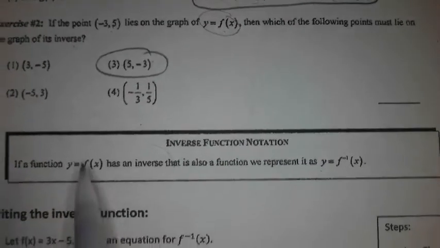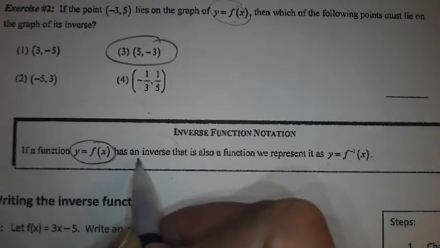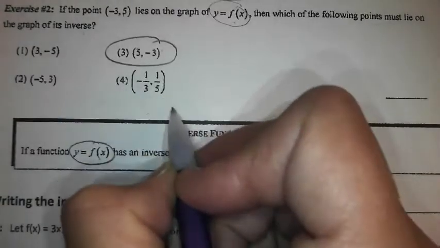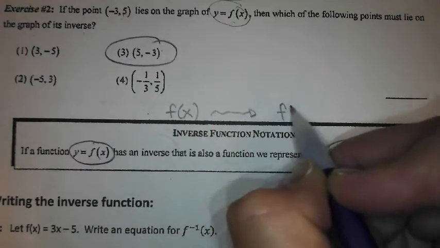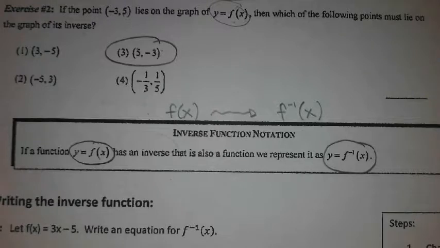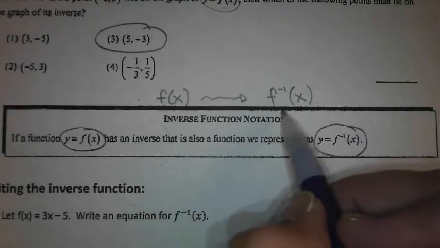Inverse notation. If this is your original function, the inverse is written like this. So f of x is the function, then the inverse is f inverse. It looks like a negative exponent, but it's not technically an exponent. It's a superscript. Subscripts are written little here.